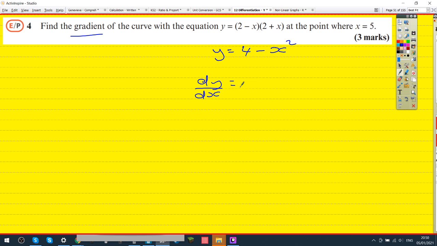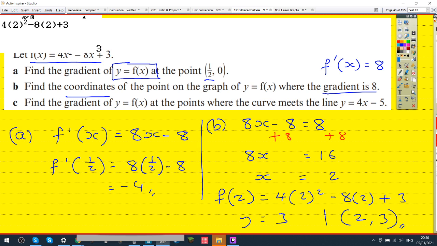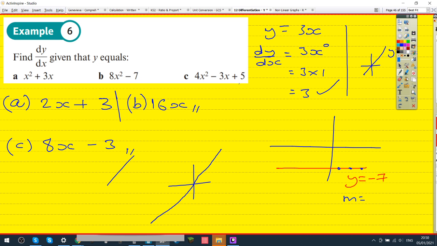So would you do them as 4 squared and minus x squared? No. What was the derivative of minus 7 in part B? Or what was the answer to part B?